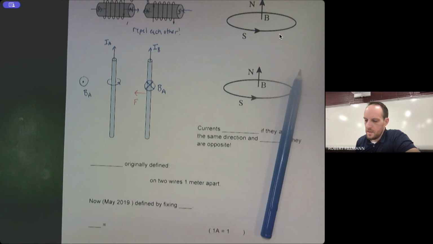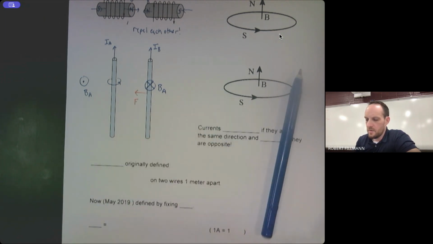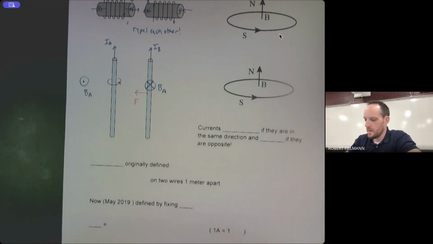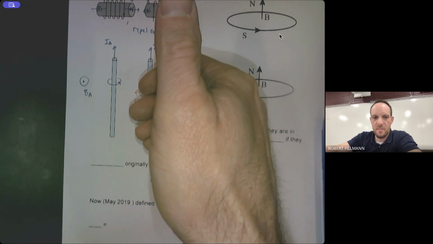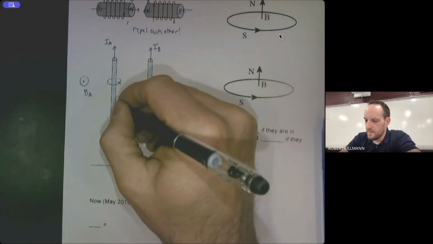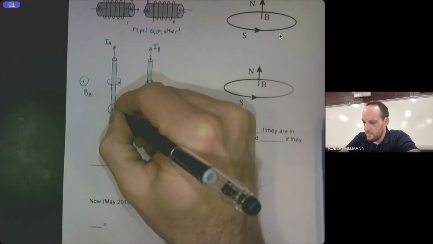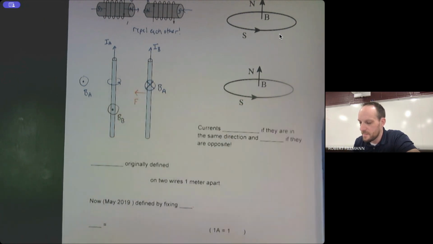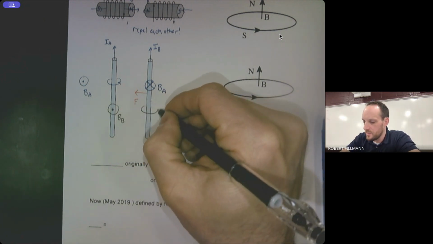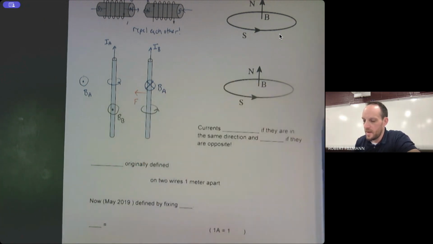And what could I do? What's going to happen to this wire? I could do the reverse. I could figure out what kind of field this one makes. So now I can imagine grasping wire IB with my thumb pointing upward. It's going to be making a field. So I'm going to call this one the field from B, BB. It's going to be pointing out over here. By the grip rule, it's making loops that go around like this.